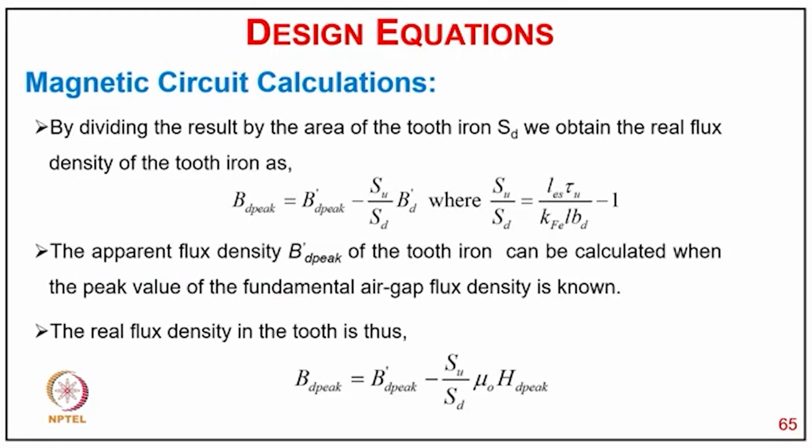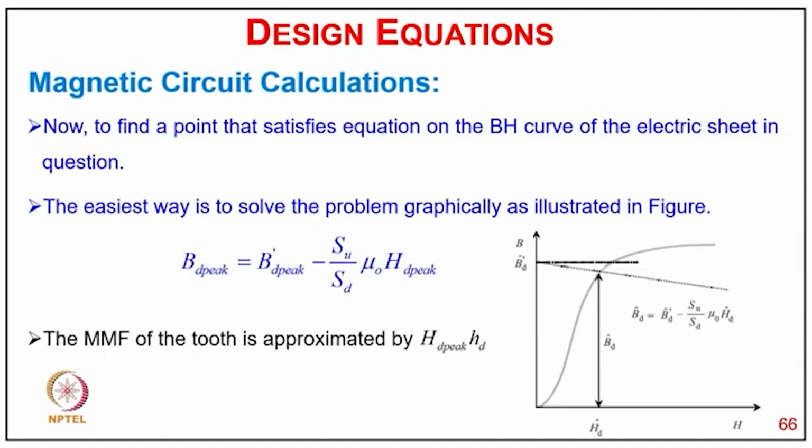Now by dividing by the area of the teeth iron Ad, we obtain the real flux density of the teeth iron, Bd equal to Bd peak dash minus Au upon Ad into Bd dash, where Au upon Ad equals Le into tau u upon KFE L b d minus 1. The apparent flux density Bd dash of the teeth iron can be calculated when the peak value of the fundamental air gap flux density is known. So the real flux density in the teeth is thus Bd peak equal to Bd dash peak minus Au upon Ad into mu 0 Hd peak.